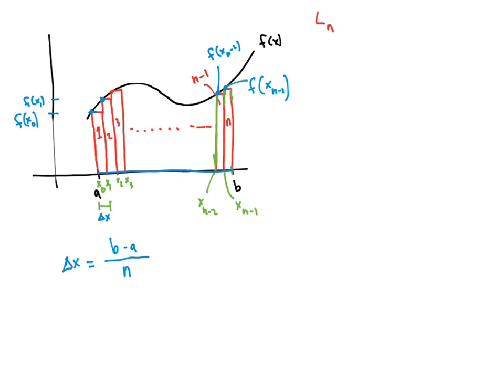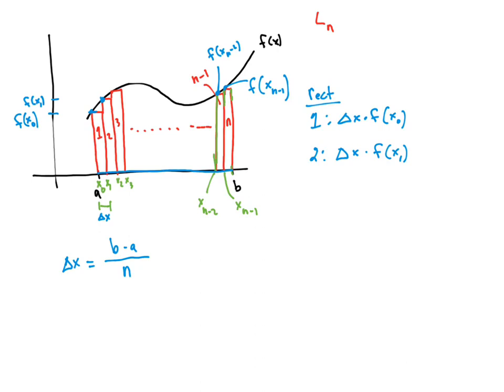Okay, so we have the height of all of these rectangles. We have the width. So all we have to do is sum up all of those areas. So let's just go through it. For rectangle number 1, that's going to be delta x times f of x sub 0. The area of the second rectangle is delta x times f of x sub 1.